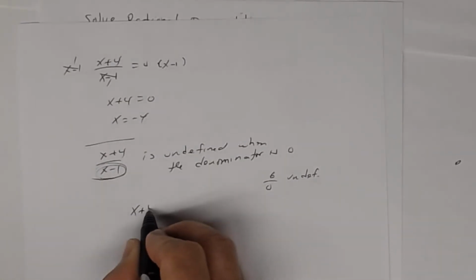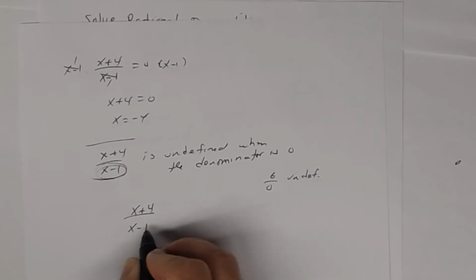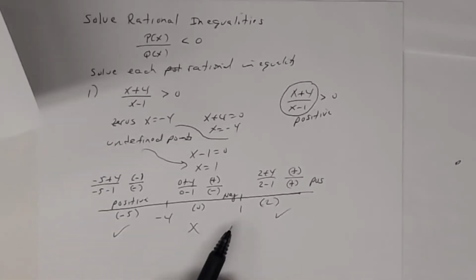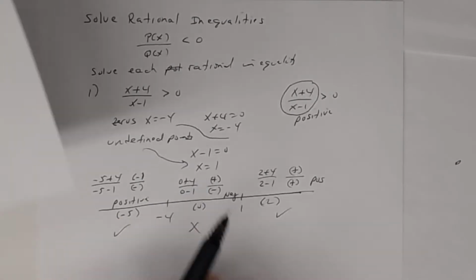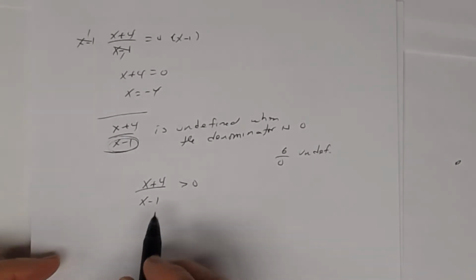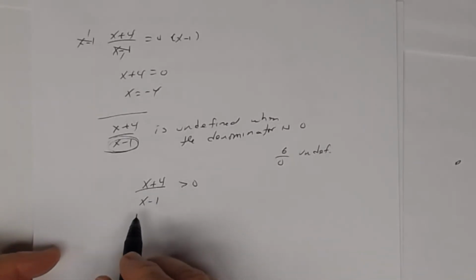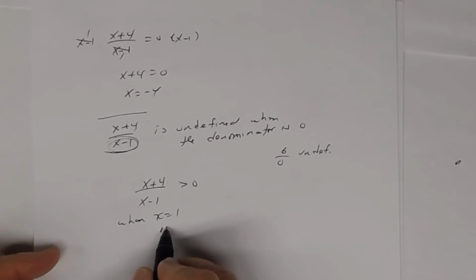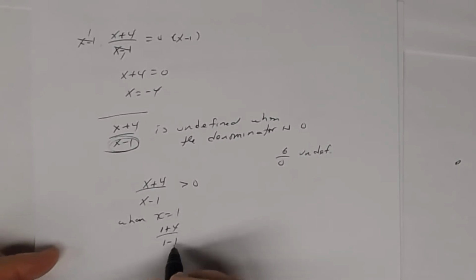So you have x plus 4 divided by x minus 1 is greater than 0. So my undefined point is 1, right? So if I substitute 1 in here, so when x is 1, I get 1 plus 4 divided by 1 minus 1, and the question is, is this greater than 0?